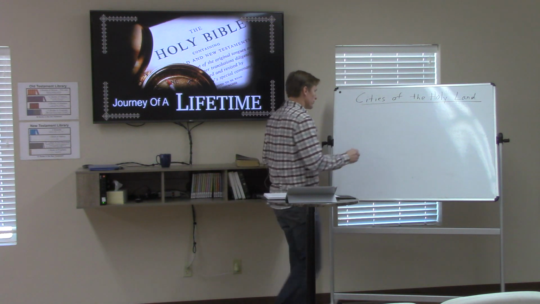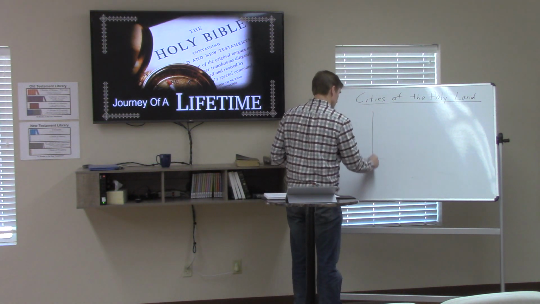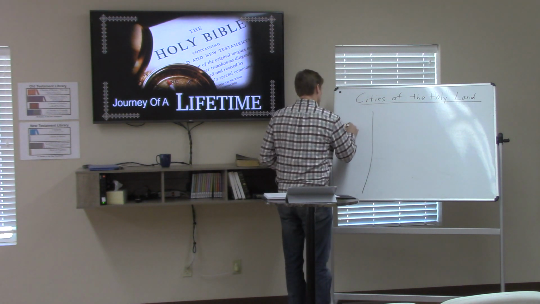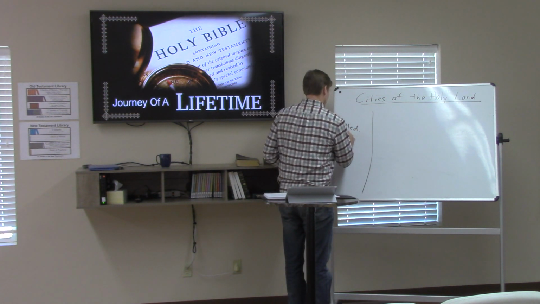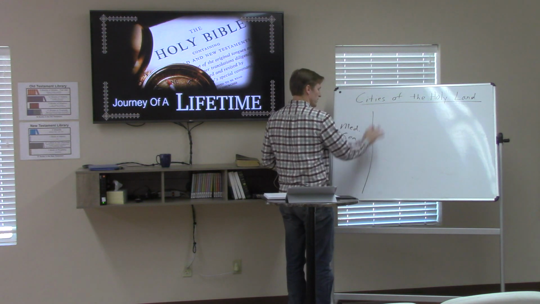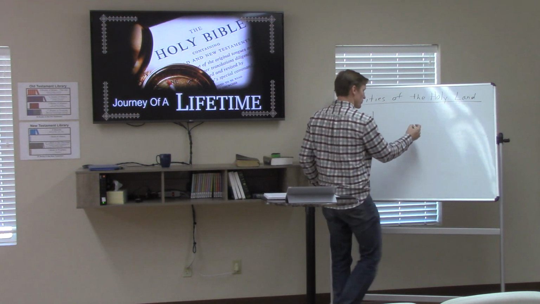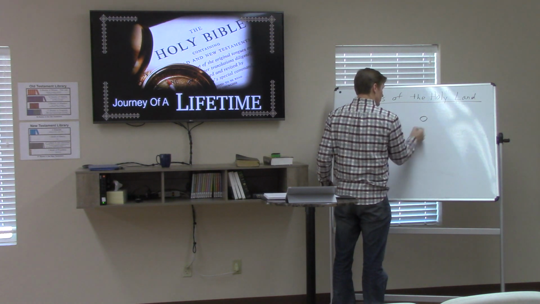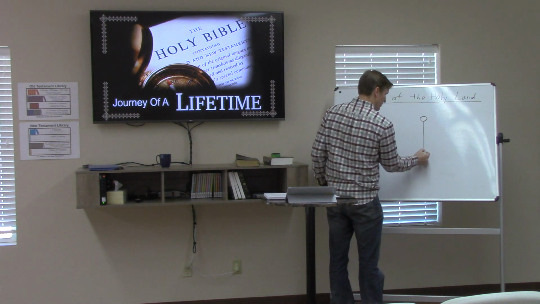First, we're going to just draw a little line, just like this. That's going to be the shore, and here's the Mediterranean Sea. So this is the sea, this is the land. Then we'll draw our two things that make it easy to identify the Holy Land. Just draw a small circle, draw a vertical line, then at the bottom draw an oblong circle.